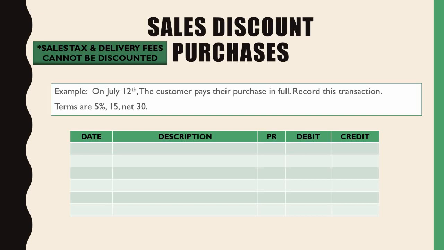Correct. Because in this case, you can only give a discount off the actual item that you're selling. You cannot take a discount off tax, and you cannot take a discount off of shipping, unless you offer free shipping.